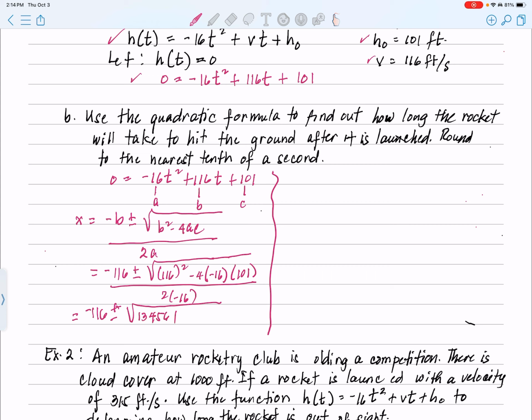Negative, negative, that would become plus 4 times 16 times 101, that is 6,464, over 2 times negative 16, that's negative 32. Let's simplify more.